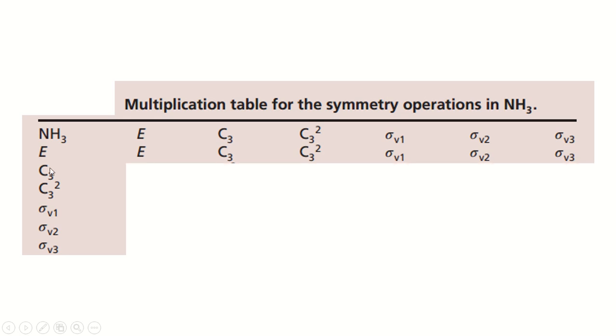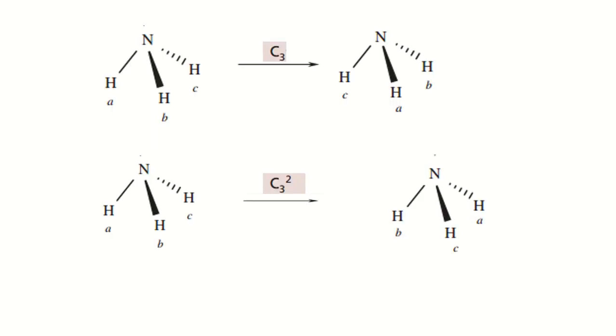Now let's talk about C3 and C3 twice. What happens if we apply C3 first and then C3 twice? That would be equal to identity. How? If this is the identity of our molecule, the B after applying C3 is over there. Now after applying C3 again, the B is here, and we need to apply C3 a third time.